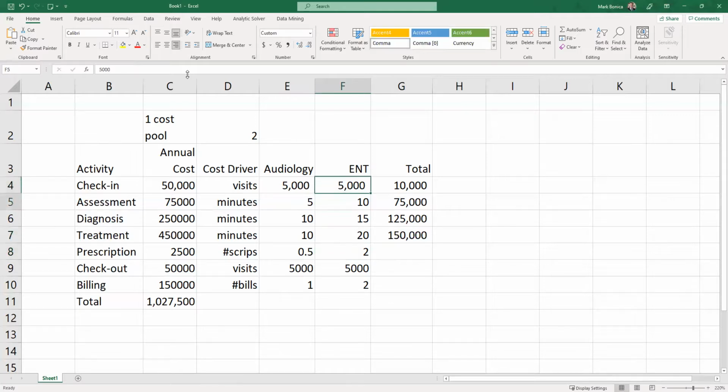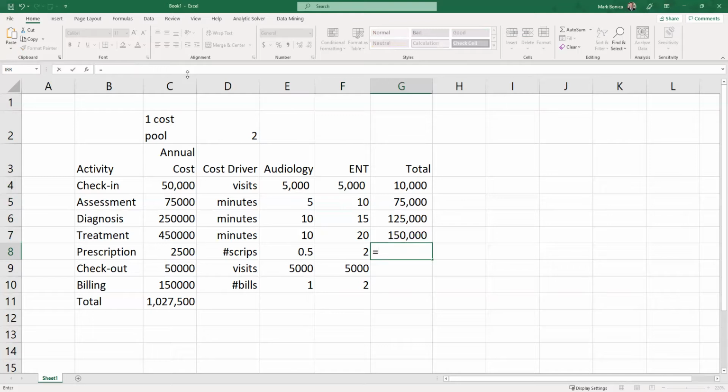So 2 times 5,000 is 10,000. So our total is going to be 12,500. So we take 0.5 times 5,000 plus 2 times 5,000, and we get 12,500. I let the order of operations just work this time. All right. So those are the hard ones.